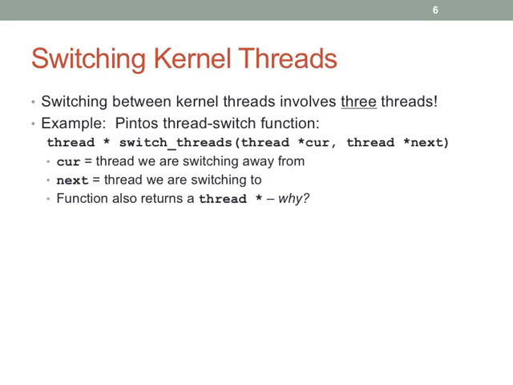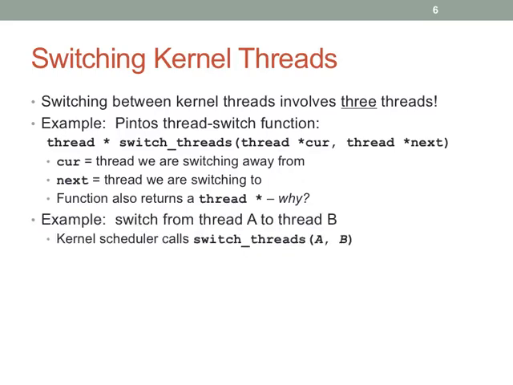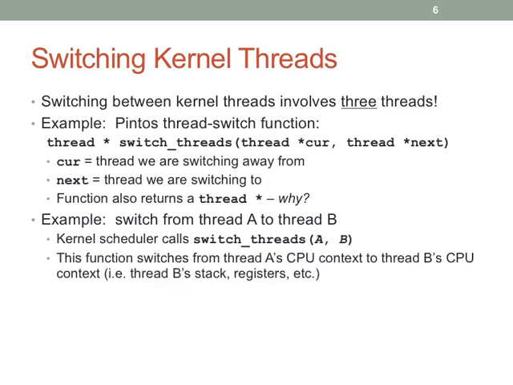Okay. Now, one interesting and important detail. So notice I have here, I'm switching from thread A to thread B. So somebody calls switch threads. On thread A, they call switch threads A to B. Okay. Now, the question is, what happens after the context switch? What do you see after the context switch?